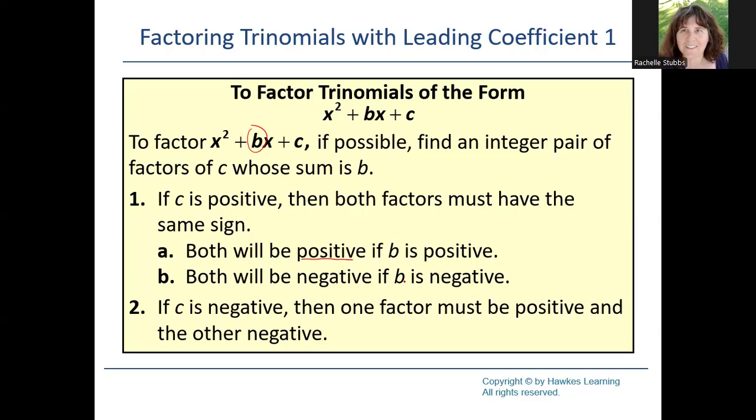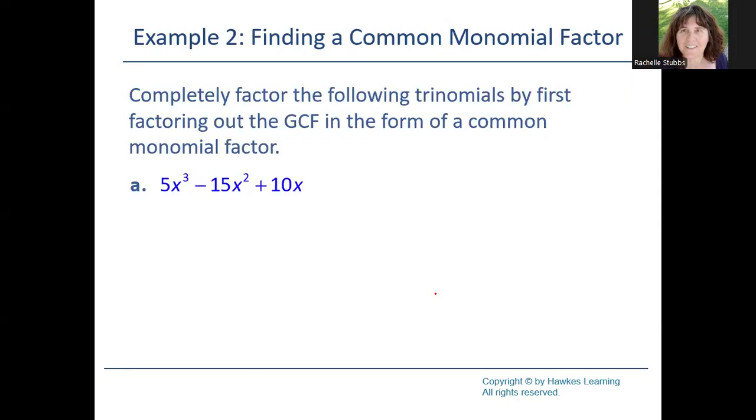If b is negative, both factors will be negative. Now, if c is negative, then one factor must be positive and the other negative. You can use trial and error, or think: my b is negative, so my larger factor needs to be negative.